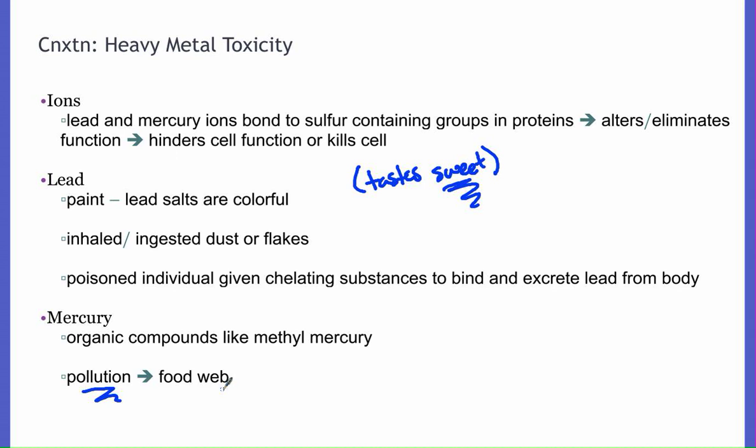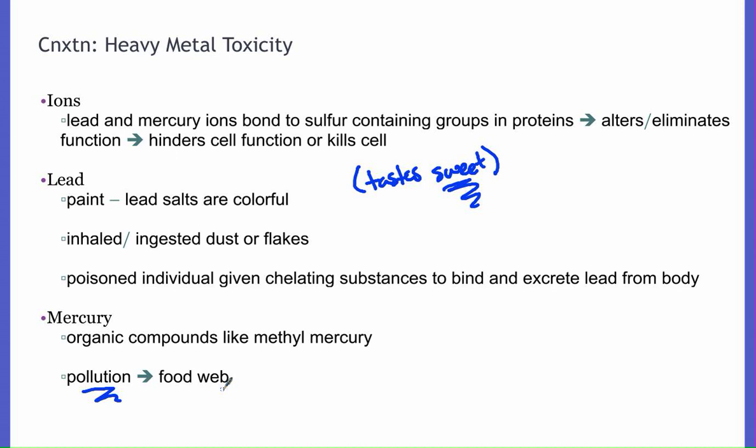So if you got runoff in Eastern Asia, around China or Japan, if you catch a fish in the ocean there, there's chances that there could be some mercury in that fish, and then you eat that fish.